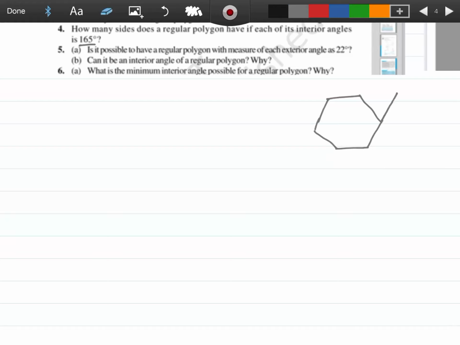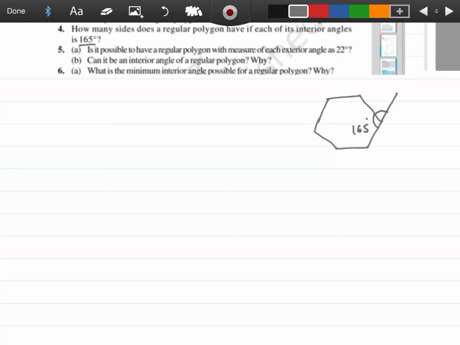Now, suppose this is a regular polygon, so all the angles will be equal, it is equiangular, it is equilateral also. Each interior angle is 165 degrees. So with the help of the interior angle, we will find the exterior angle.